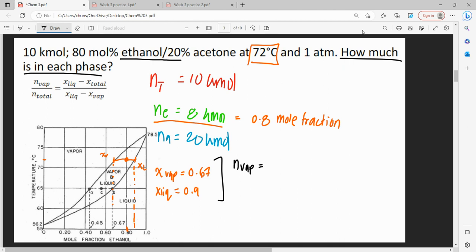So this is X liquid, 0.9 minus our total X, 0.8, divided by our liquid 0.9 minus our vapor 0.67, times our total moles, which is 10 kilomoles.